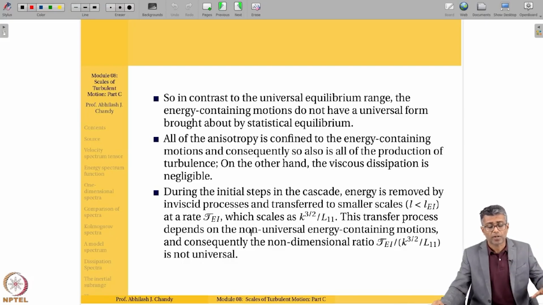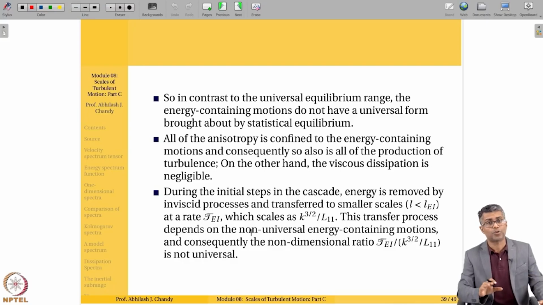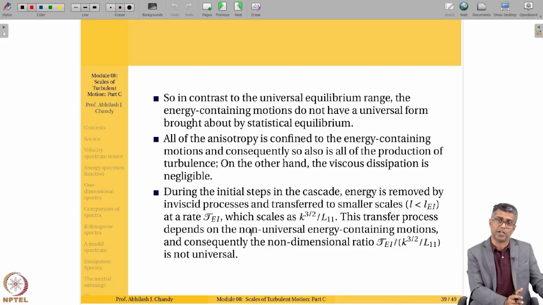So in contrast to the universal equilibrium range, the energy containing motions do not have a universal form, brought about by some kind of statistical equilibrium. We already knew that. And all the anisotropy is confined to this energy containing range, right? Anisotropy means the directional biases.